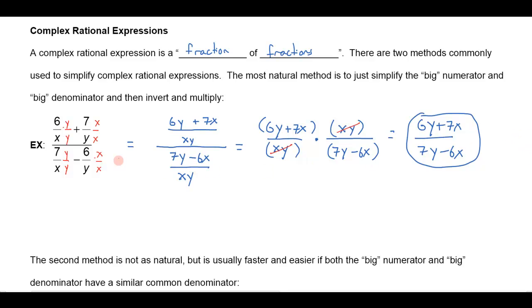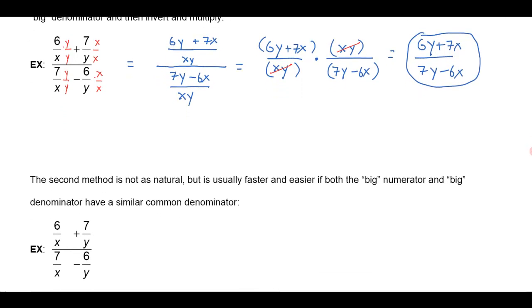And it works in circumstances like this one where the big numerator and big denominator have a similar common denominator. Alright, so I'm going to look at that same problem now, and I notice that the common denominator of all these little fractions is x times y.